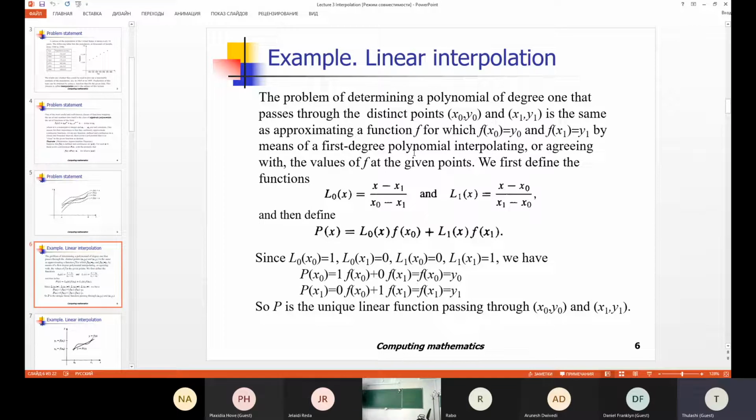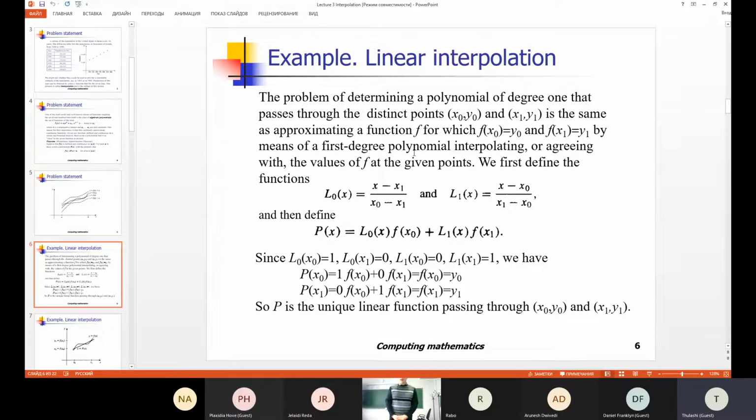And here is the answer on this slide, how to find a formula of this line. First, we should write 2 auxiliary linear functions, L0 and L1. L0 equals x minus x1 over x0 minus x1.